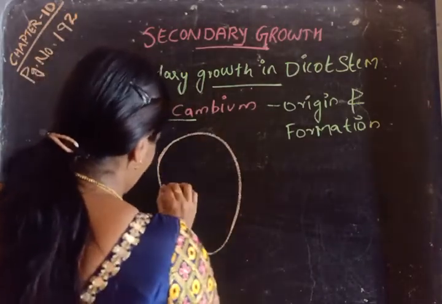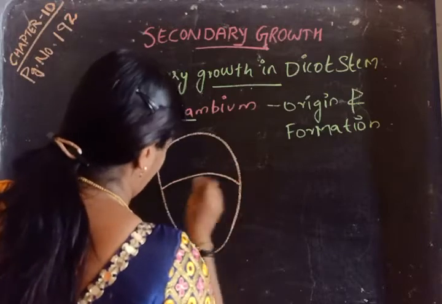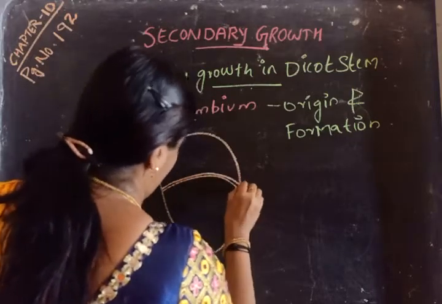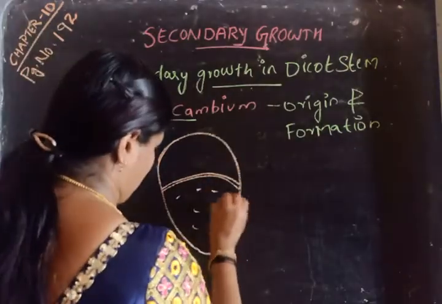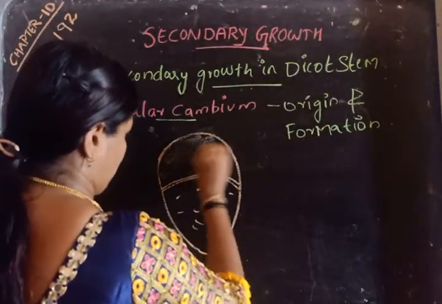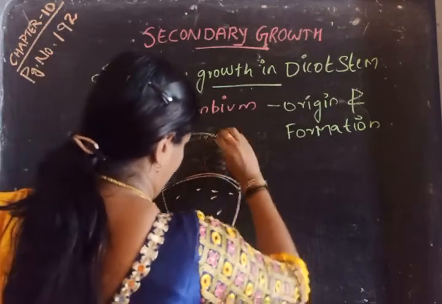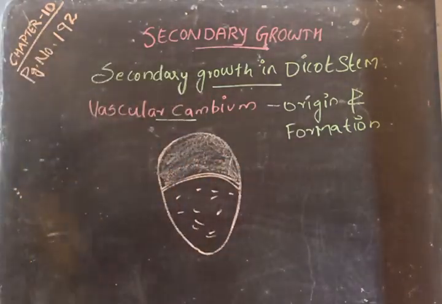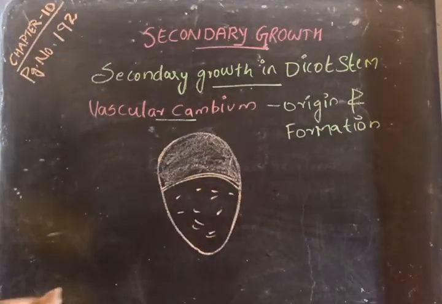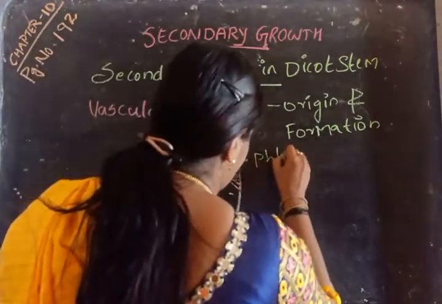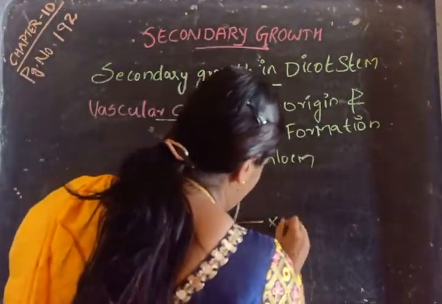This is a vascular bundle. A strip of vascular cambium that originates from the procambium is present in between the xylem and phloem of the vascular bundle. This is phloem. This is xylem.